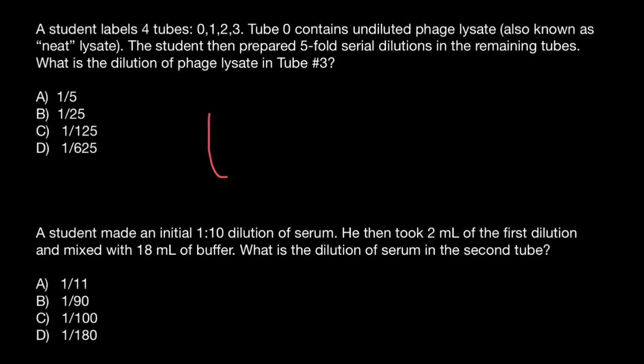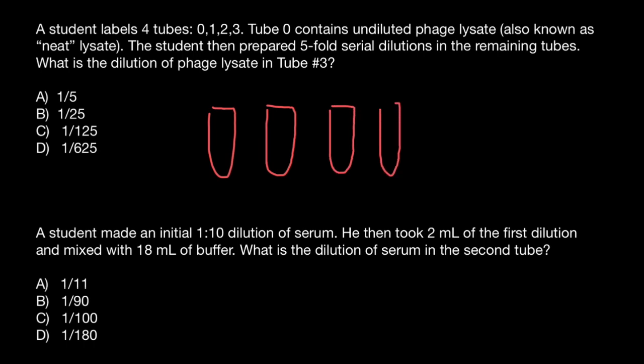So let me draw 4 tubes. Let's pretend that they are all equal. So this is going to be tube 0, tube number 1, 2, and 3.